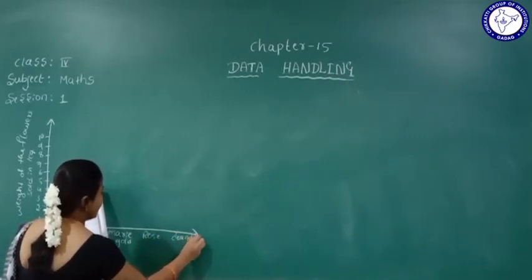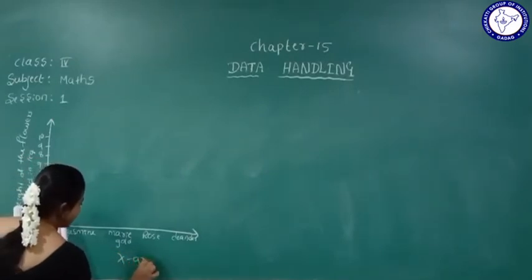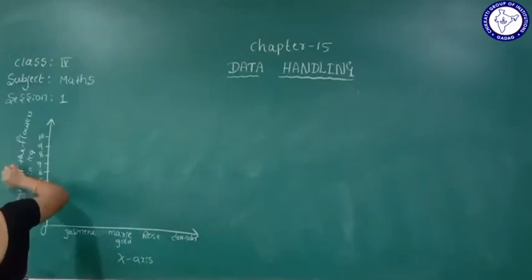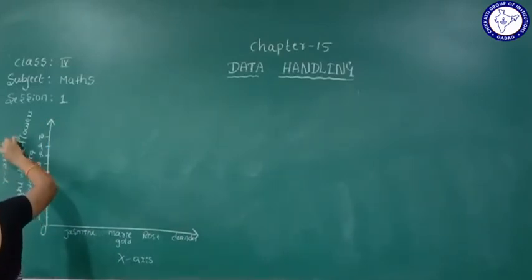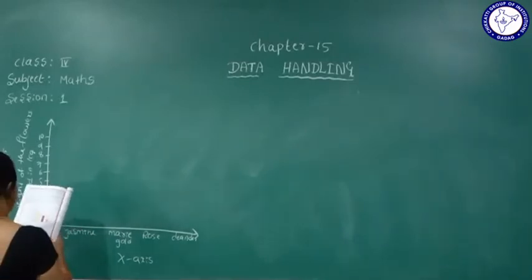So this is the x-axis, and this is the y-axis. Students, first we see how many jasmines are there. There are 9 jasmine flowers.